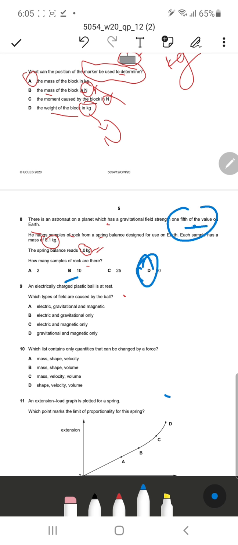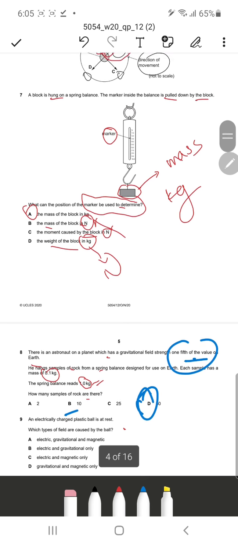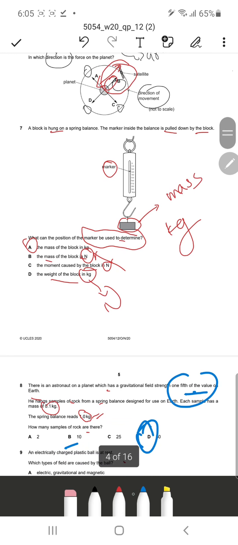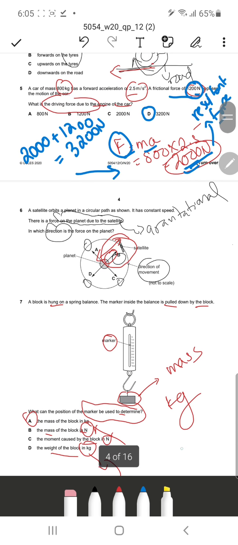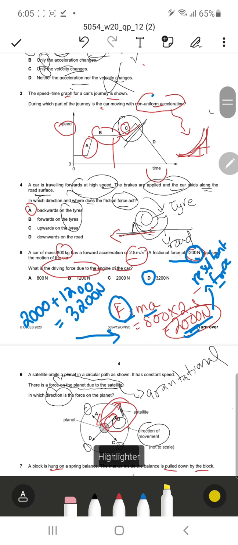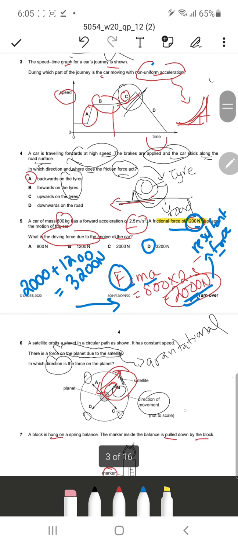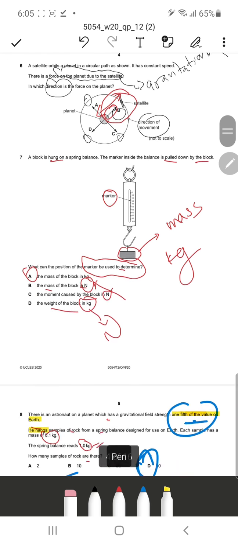One thing we need to keep in mind while doing these questions is that you always need to make sure of the special or extra information which they sometimes provide. For this question it was the 1/5 of the gravity of Earth. For the other question, in the frictional question, there was a frictional force of 1200 newtons. Many students fail to use these values in their calculation, for which they often get the answer wrong.